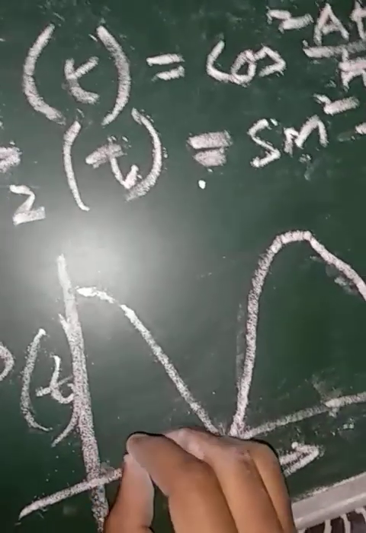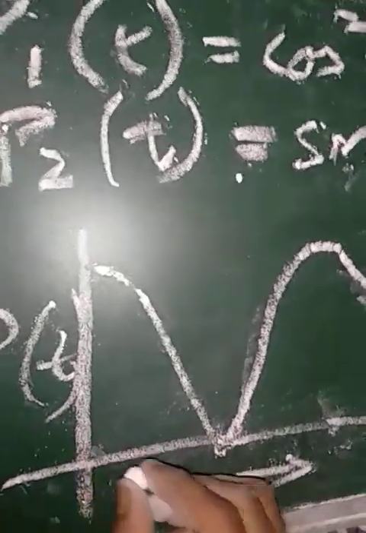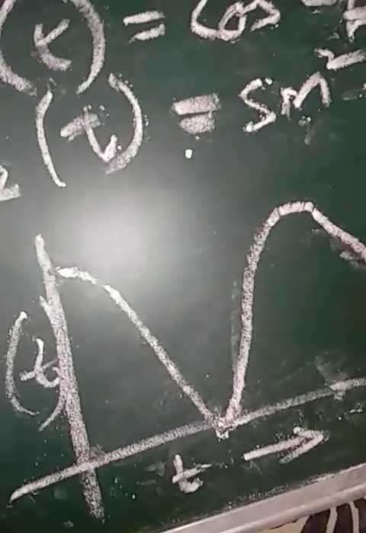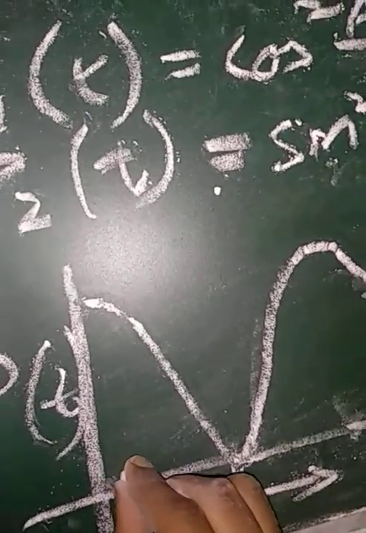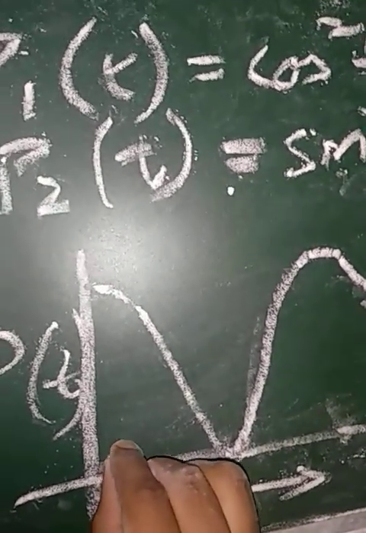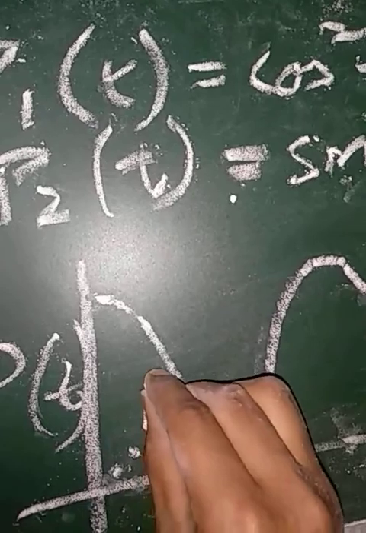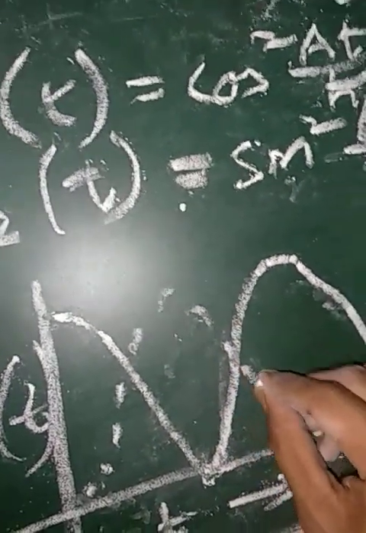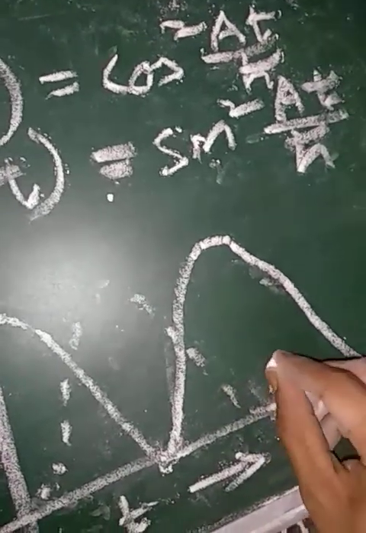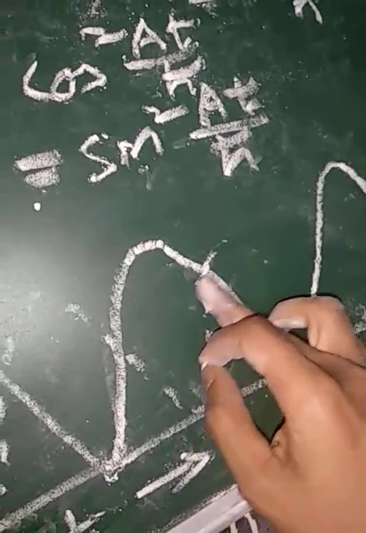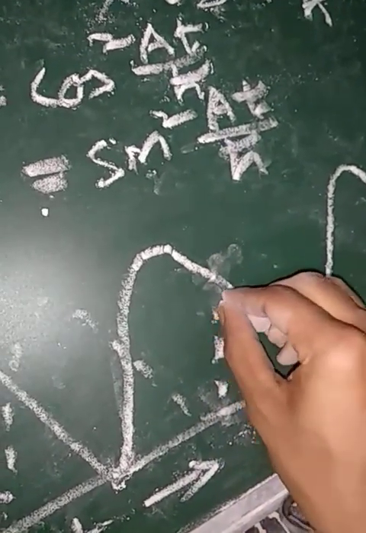In this way it will continue, and the sine squared will just be delayed by a phase difference of pi by 2, I think. Yeah, so it will be like this. Both of them meet each other helically.